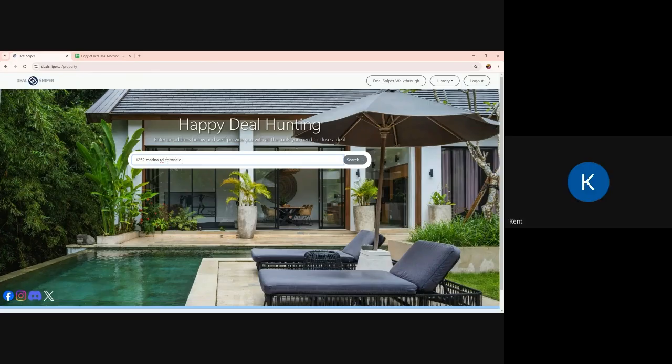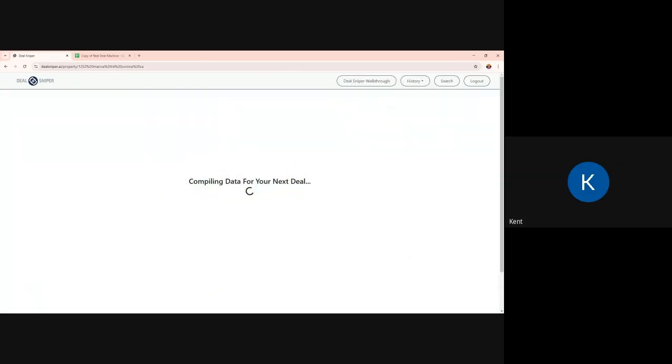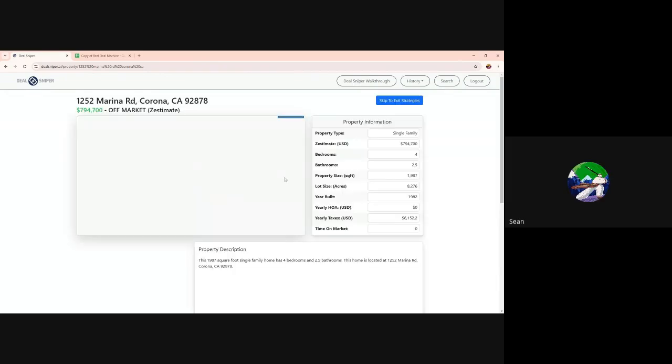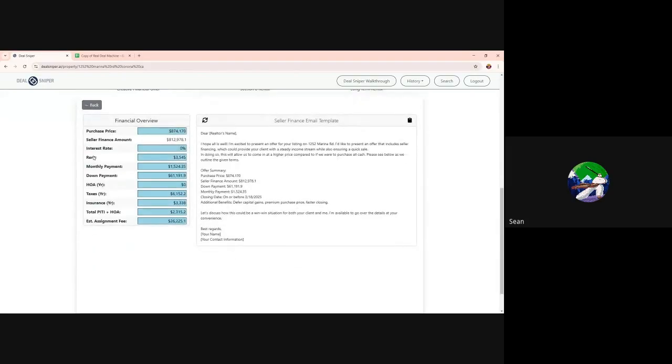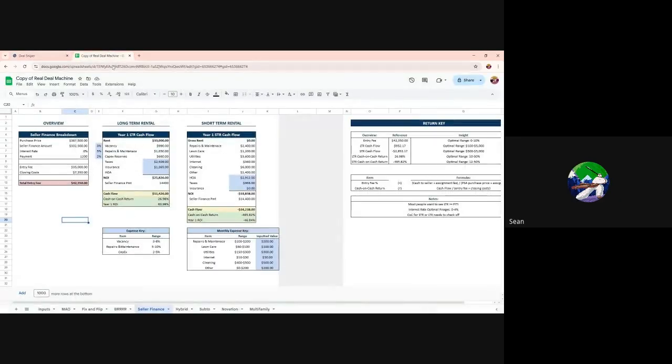So when it brings up the property and it's doing these calculations for you, total PITI plus HOA, all it's doing is giving you an estimate. That's it. If there's actually an HOA, it'll be right here. This is information for you in case you want to pre-underwrite the deal.